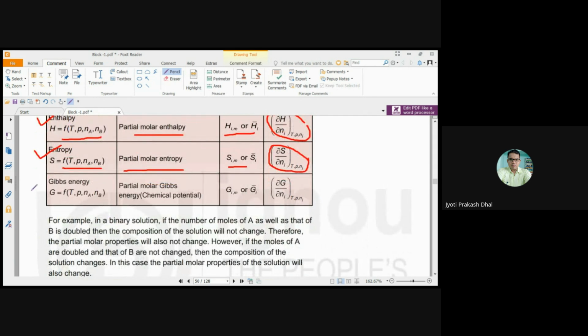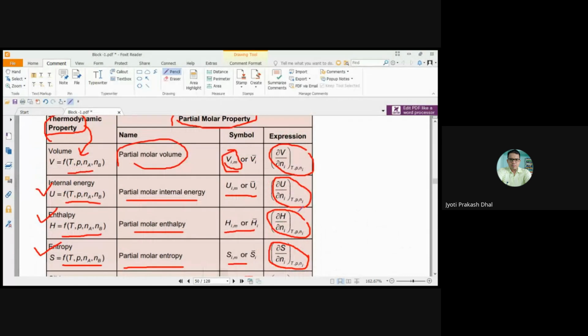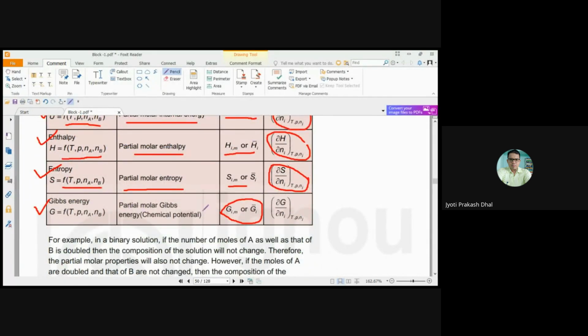Similarly, Gibbs energy is also one type of extensive property. So the symbol is G_im or G bar i, and the expression for partial molar Gibbs energy is del G by del N_i at constant temperature, constant pressure, and constant number of moles of j.